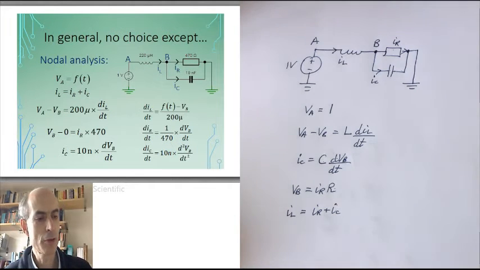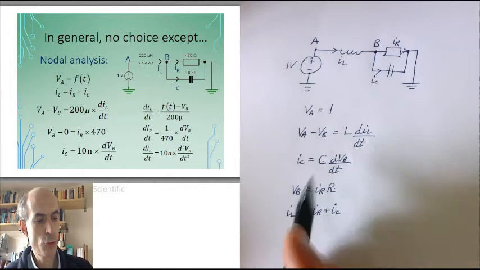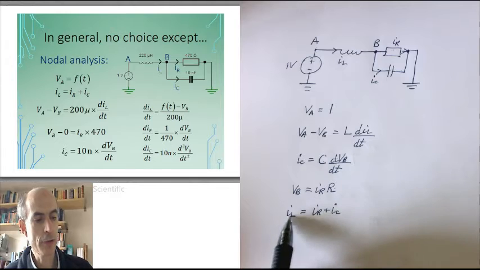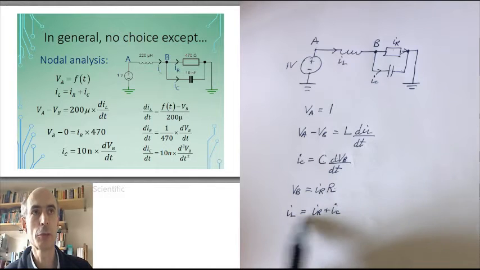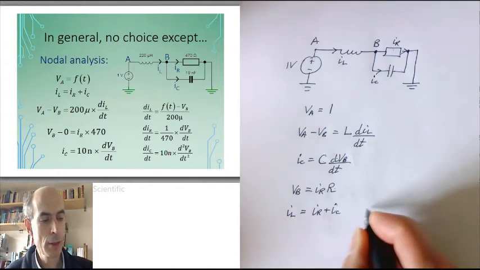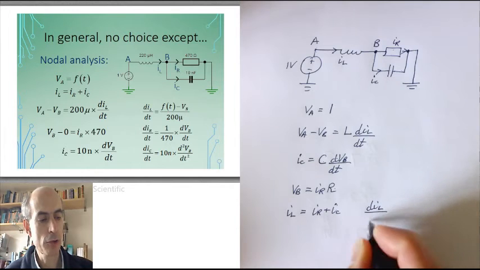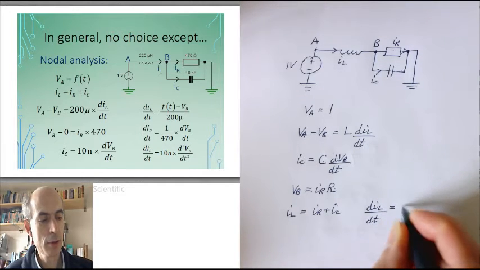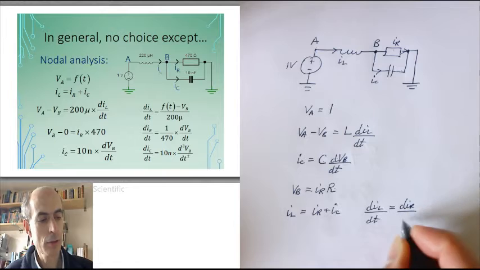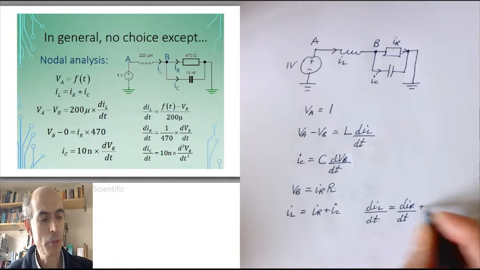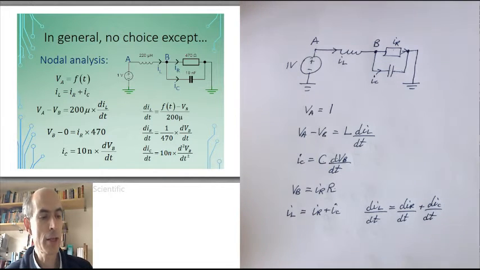One way to proceed would be to take the differential of this equation from Kirchhoff's current law, and note that that would tell us that the rate of change of IL with respect to t must be the sum of the rates of change of the other two currents with respect to t.